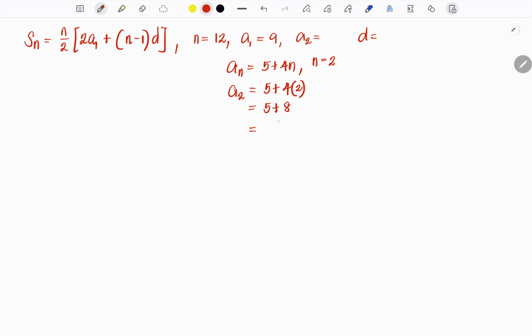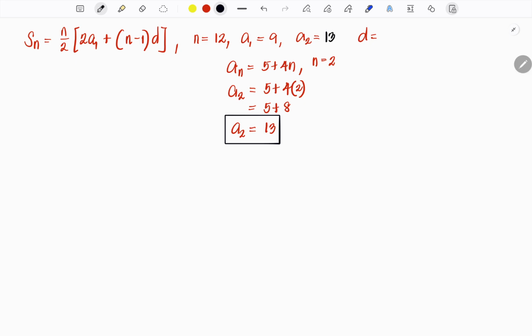Therefore, 5 plus 8 is equal to 13. So a sub 2 is equal to 13.